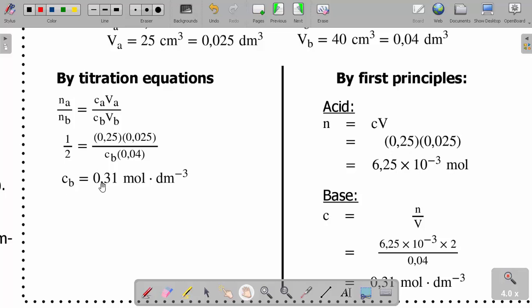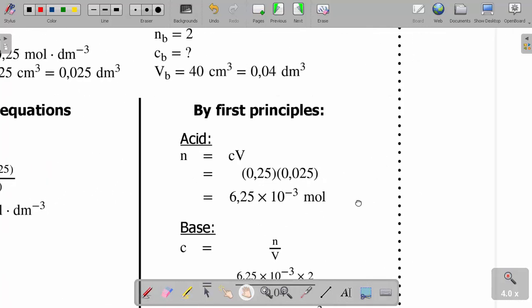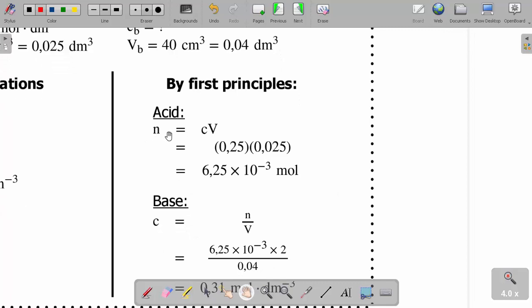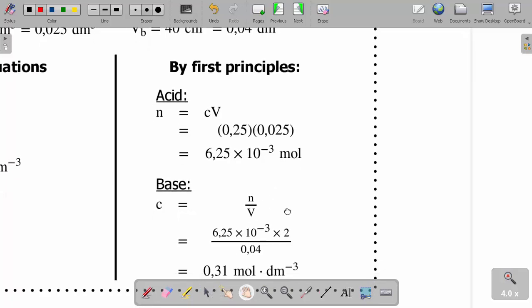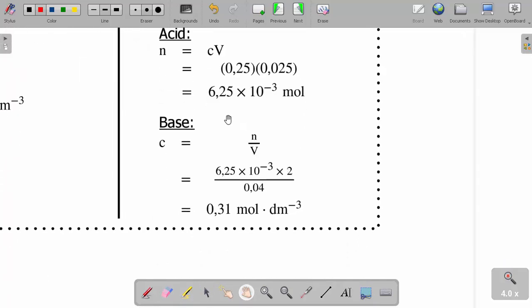my base concentration as 0.31. Or if I use first principles, I know that number of moles for the acid equals C times V, 0.25 times 0.025, which gives me 6.25 exponent -3, and then from the base C equals n over V, so I can get n over V. That means 6.25 exponent -3 times 2 divided by 0.04.